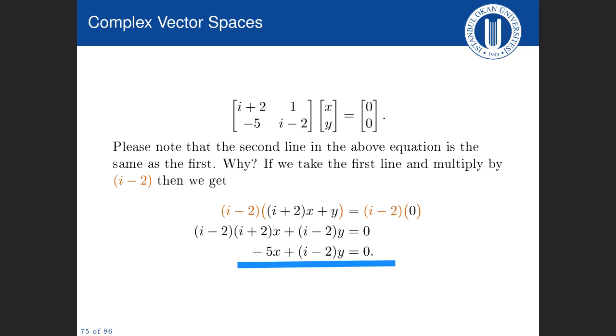The second line of this equation is just i − 2 multiplied by the first line. So always, when you do this, as long as you don't make a mistake in your calculations, the second line should just be the same as the first line multiplied by a number. So pick whichever line looks easiest to you.